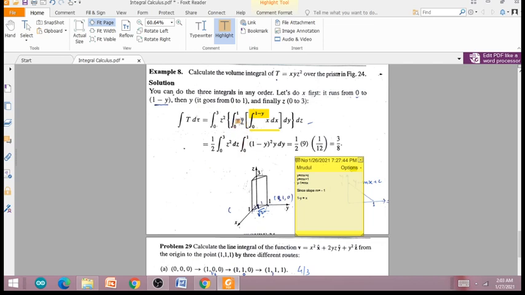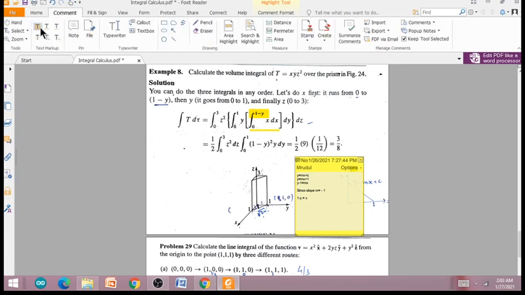Anyway, this y and that y are the same one. This y and this y are the same.